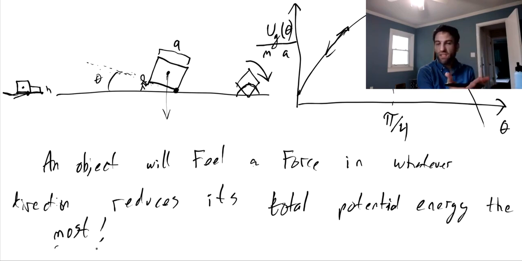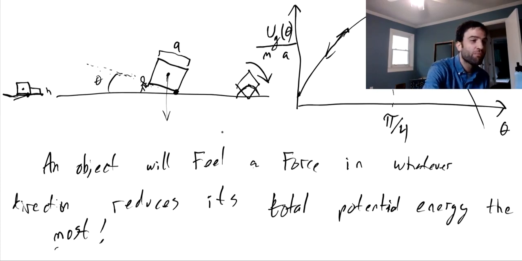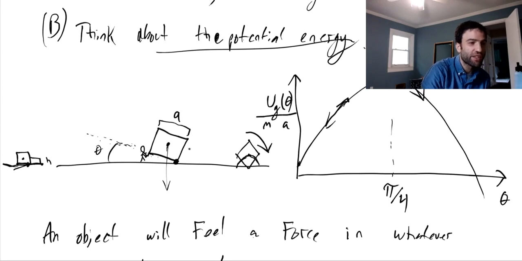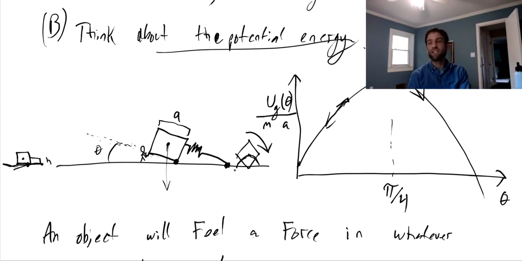Okay, now in this case, where I'm just lifting a block, the only potential energy in the problem is the potential energy due to gravity. But suppose I additionally attached a spring to this side of the block, and I attach the other end of that spring to the ground.